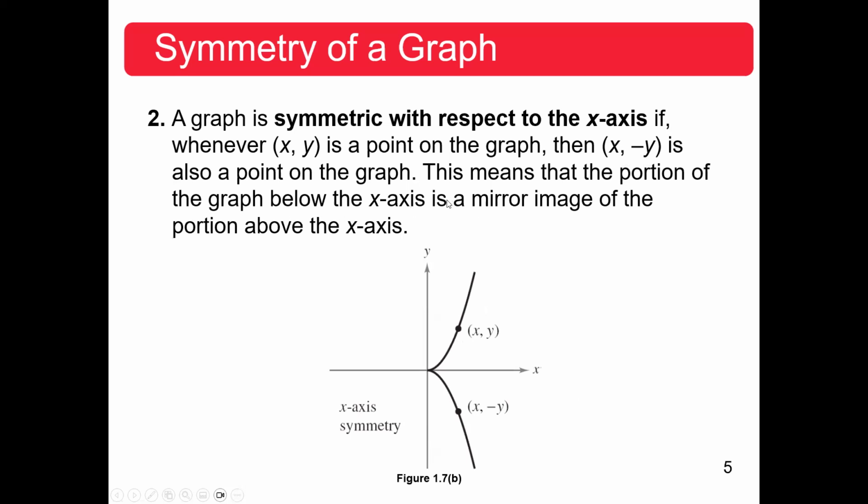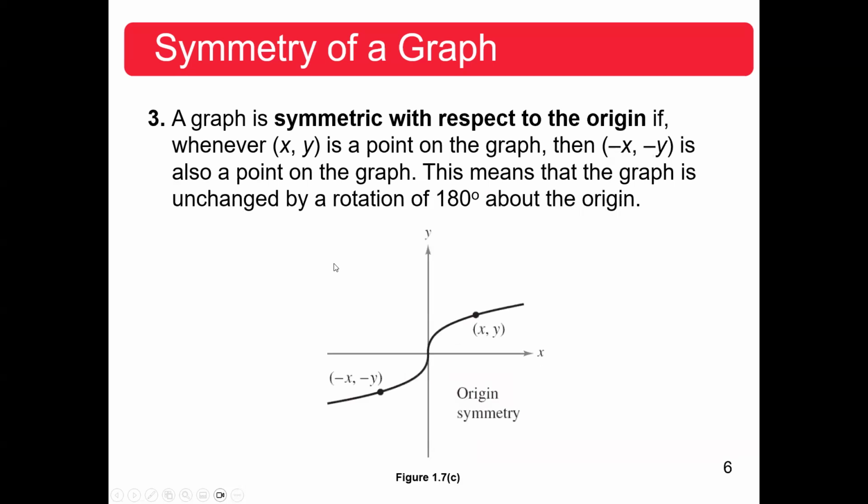This means that the portion of the graph below the x-axis is a mirror image of the portion above the x-axis. We can see above the x-axis we have (x, y), and below the x-axis, (x, -y). So the graph is symmetric with respect to the x-axis.